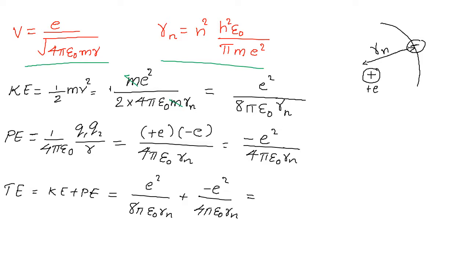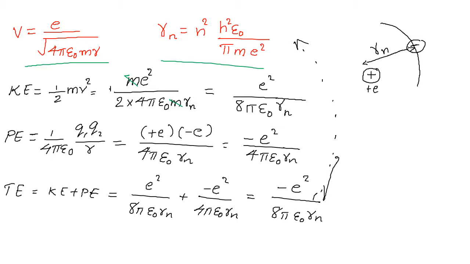Upon simplification, we'll get it as negative e square divided by 8 pi epsilon 0 Rn. And please note that this Rn is given by this formula, correct? Rn is given by this particular formula, right? Okay, fine.